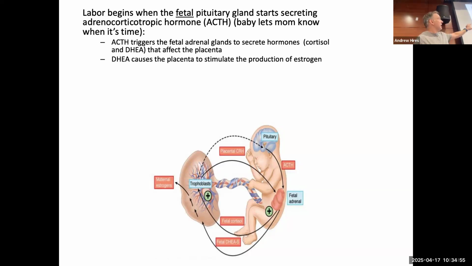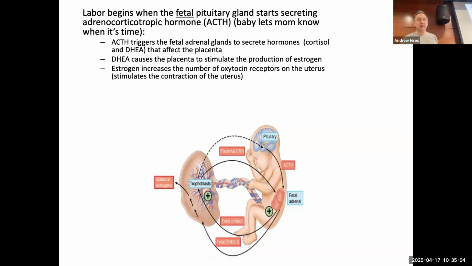So DHEA is going to stimulate the placenta to produce estrogen. Estrogen is going to increase the amount of oxytocin receptors in the uterus, and that is then going to allow the uterus to become more sensitive to oxytocin and then drive the contraction of the uterus.